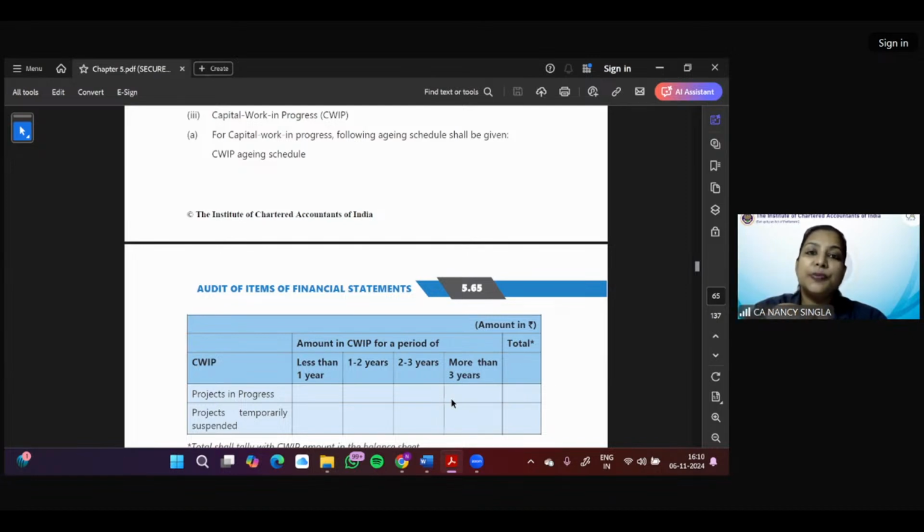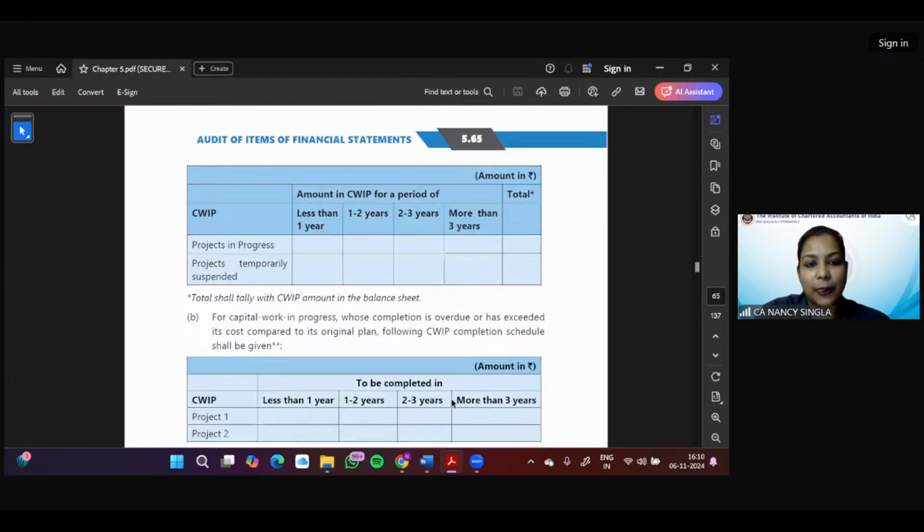So what is the responsibility of the auditor? We as auditors are going to check whether the company has complied with the reporting requirements as given by Schedule 3 or not. Simple. So with respect to the capital work in progress, the auditor will see whether the client organization or the management has given this disclosure as shared on the screen.